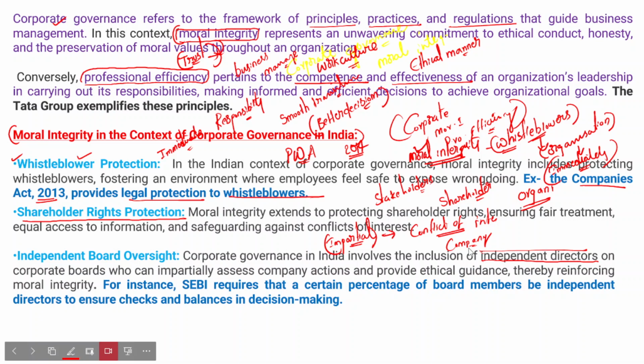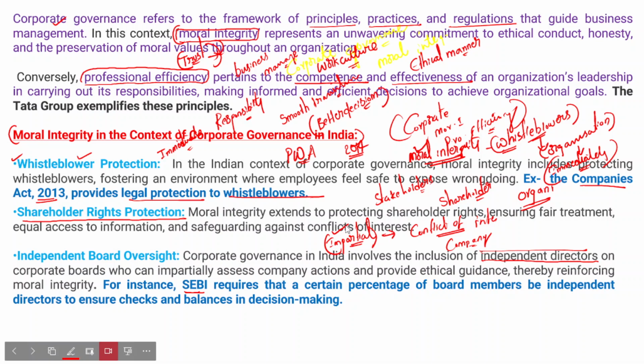If you look at an example, SEBI, the Securities and Exchange Board of India, requires that a certain percentage of board members be independent directors. What happens with the independent directors? They ensure impartiality in the functioning of the board. They take decisions based on the interest of all the stakeholders of a company.